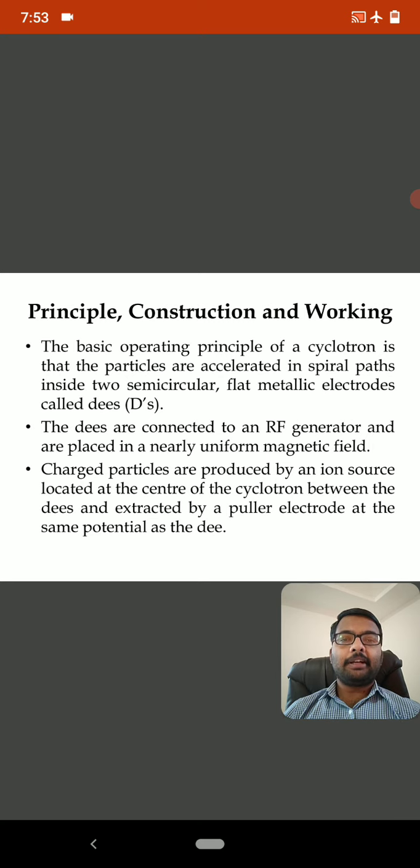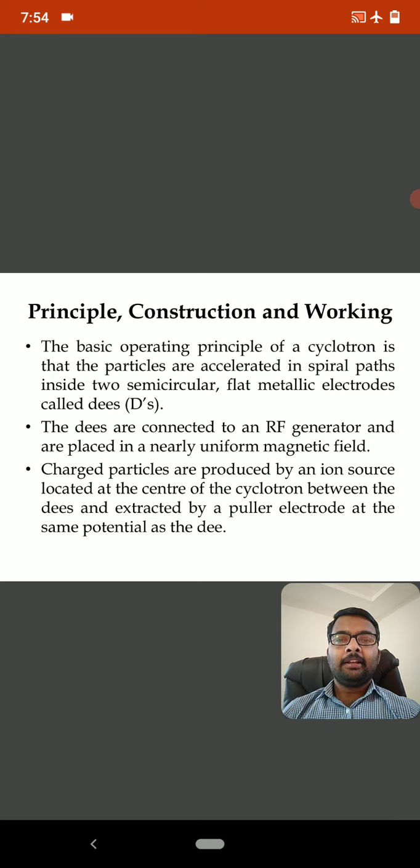The charged particles are produced by an ion source which is located at the center of the cyclotron between the two Ds. From that ion source we can extract the charged particles, and these charged particles are accelerated in between those two Ds.